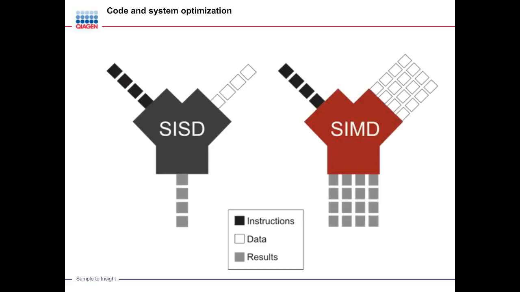So if you regard data as multiple data, that could be a vector of 16 numbers, then these 16 numbers can be processed in a single instruction on a single core at a time. So that's one example of how we have optimized, and this is being done in some of our most essential and most compute-intensive tools, and is implemented in machine code.